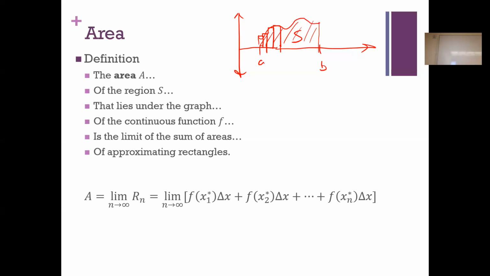How would I find delta x for this generic thing that I drew up here? Assuming I want to make all my rectangles the same size, the same width. How would I find that delta x for any one of them? S over N. How would I find the width of the whole region? S is just the name.